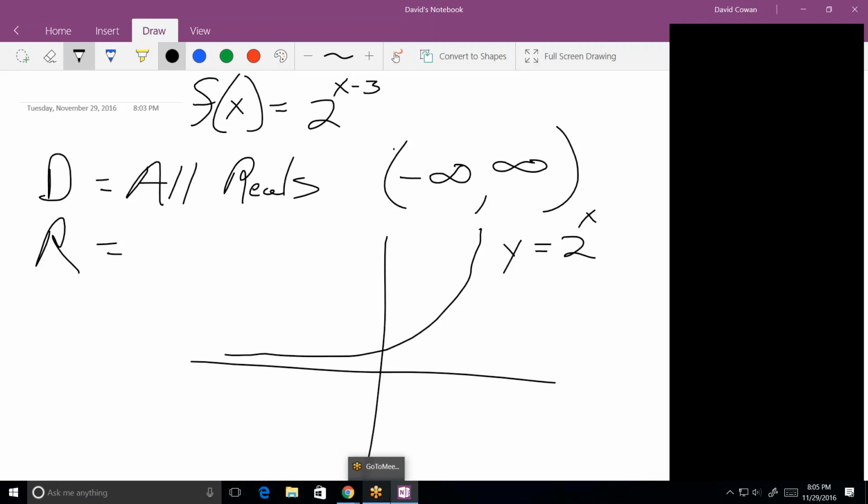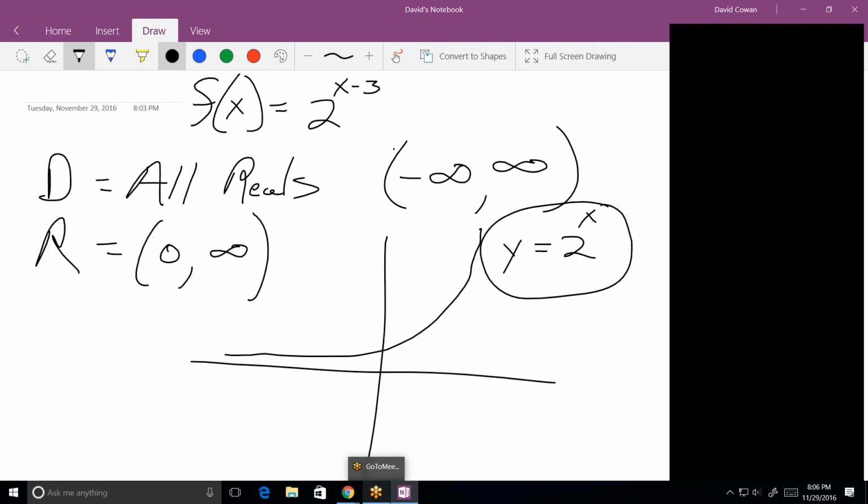Yes. What's the range of this function right here, and that graph that I've drawn? 0 to infinity. And is it a parenthesis or a bracket around the 0? Parenthesis, because it can never be 0.